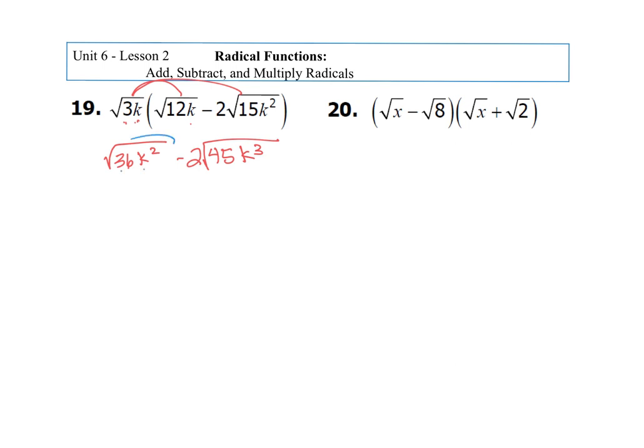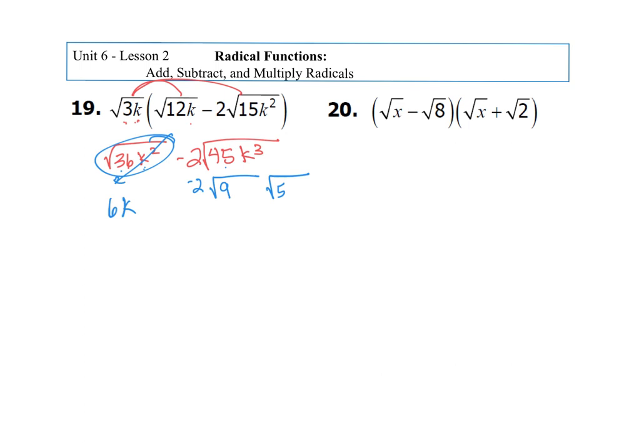36 and k squared are both perfect squares. Square root of 36 is 6. The square root of k squared is k. There's nothing left underneath because it was a perfect square. Now this next part, we have minus 2. Now 45 is not a perfect square, neither is k cubed. It's not divisible by 2. So we're going to make two houses. 45 is the same thing as 9 times 5. 9's a perfect square.